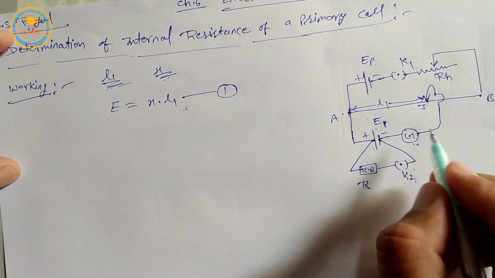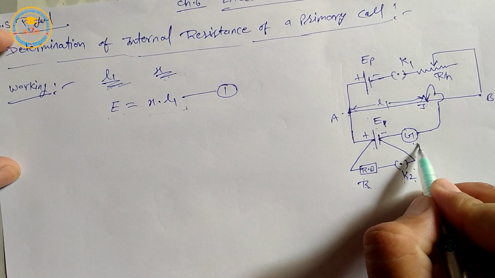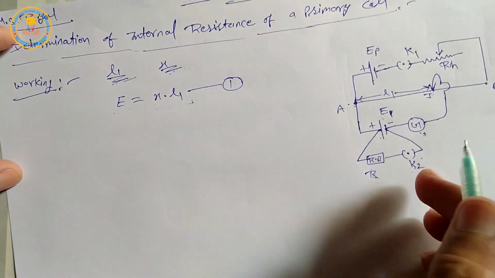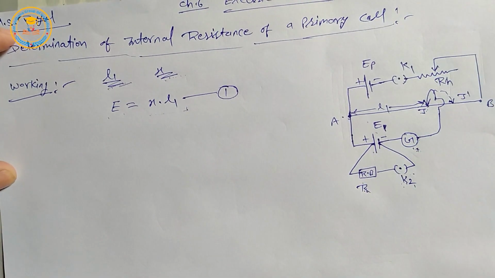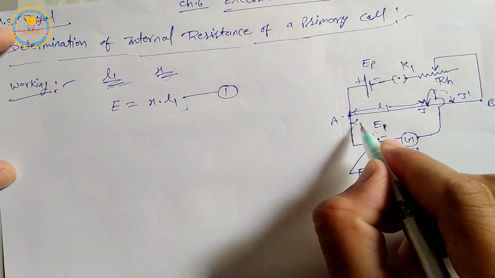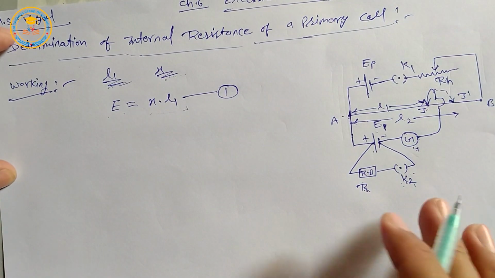Now again, by moving the jockey, we get zero deflection in the galvanometer at another point. In this situation, suppose the balancing length is L2.